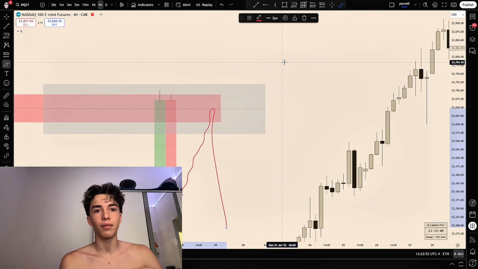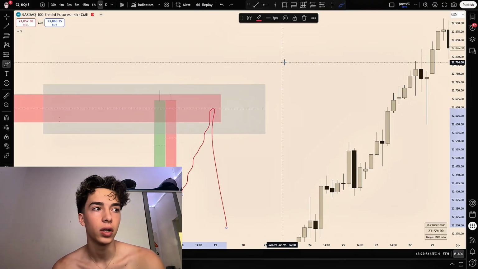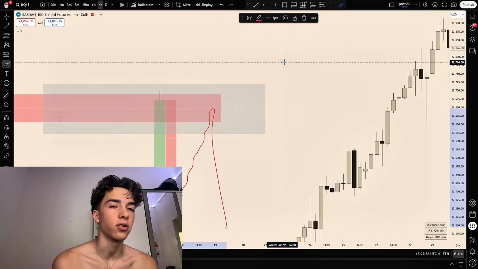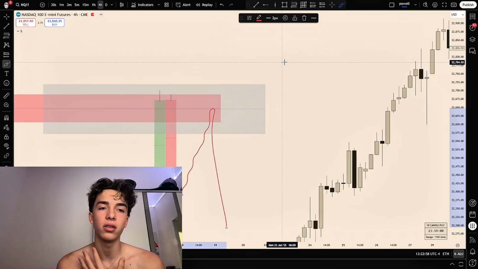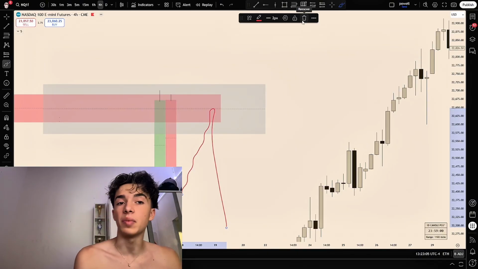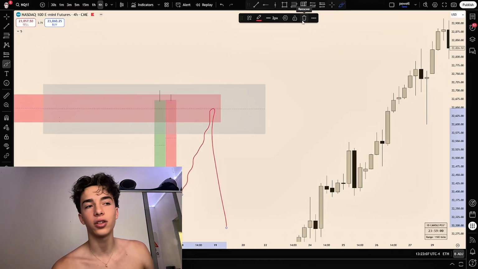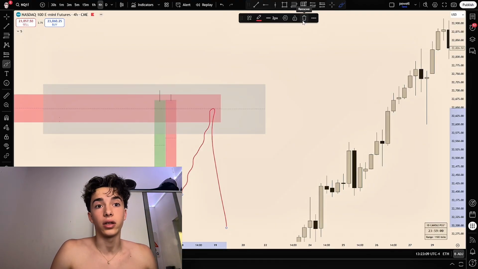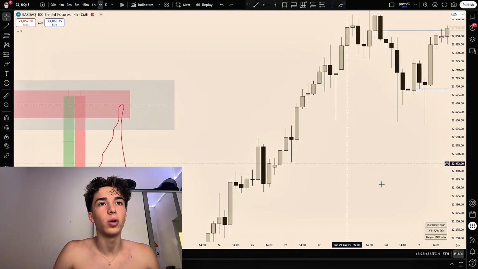Inverse fair value gaps and fair value gaps on their own are very useful to add to your strategy because you can find them everywhere. Maybe with a change in state of delivery, just by itself, it's a model that works very well.